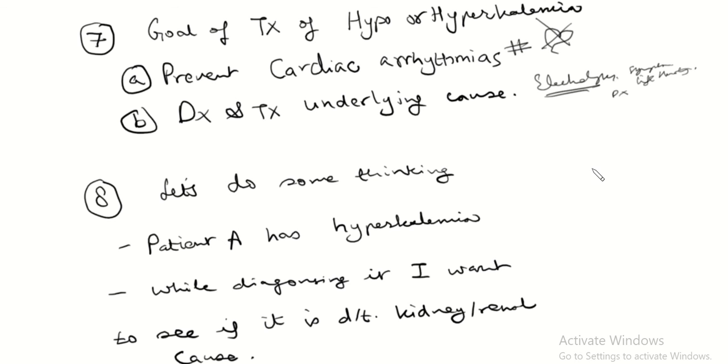Okay, so let's say a patient has very high potassium in their blood. Is it because the patient is eating too much? Could be. However, we know for a fact that the kidneys have to be in trouble for us to have this potassium be high, right?